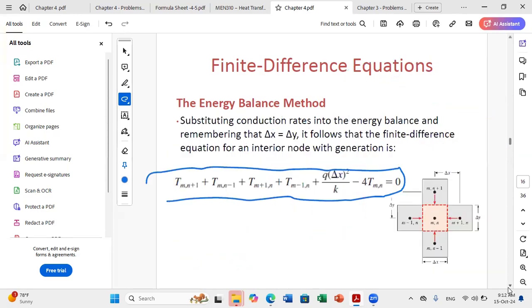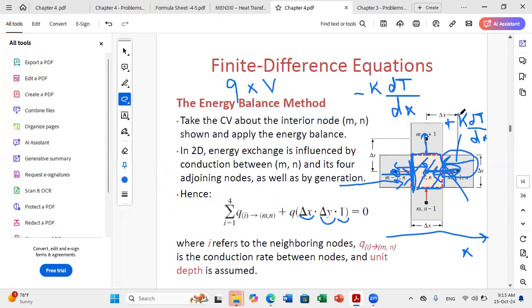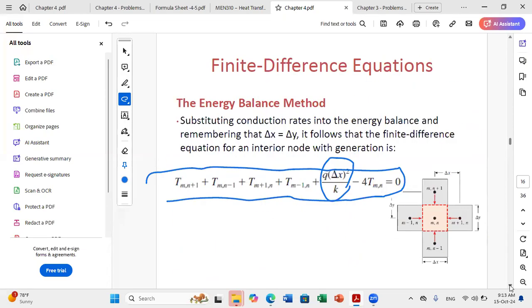This is why I divided all terms by K. If you divide all terms by K, you will get your generation over K. Your generation was Q delta x delta y. But since we consider delta x equal to delta y, it's Q delta x squared. And since we divided all terms by K, you will end up with plus Q delta x squared over K. So this is the equation for each cell.